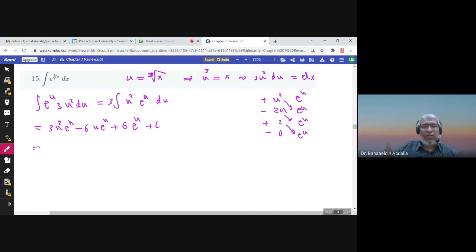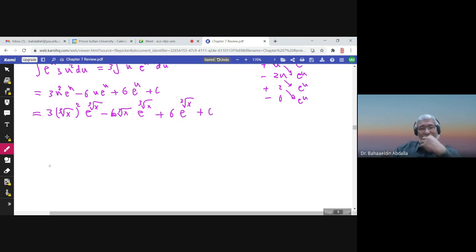And you can replace u now by cube root of x. So 3 cube root of x squared e to the cube root of x minus 6 cube root of x e to the power cube root of x plus 6 times e to the power cube root of x plus c.